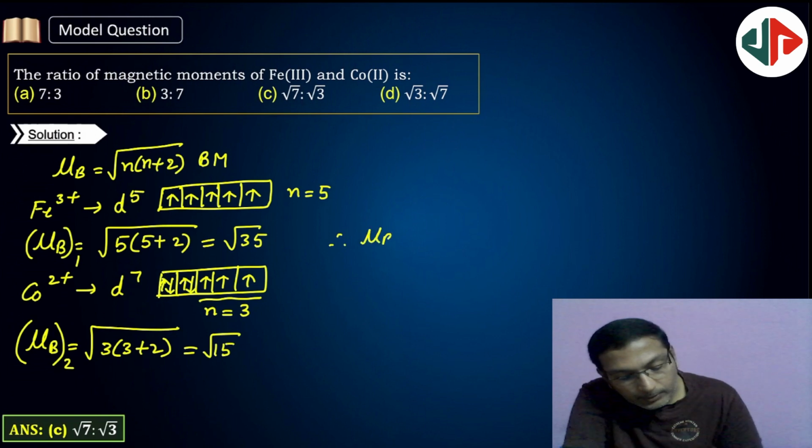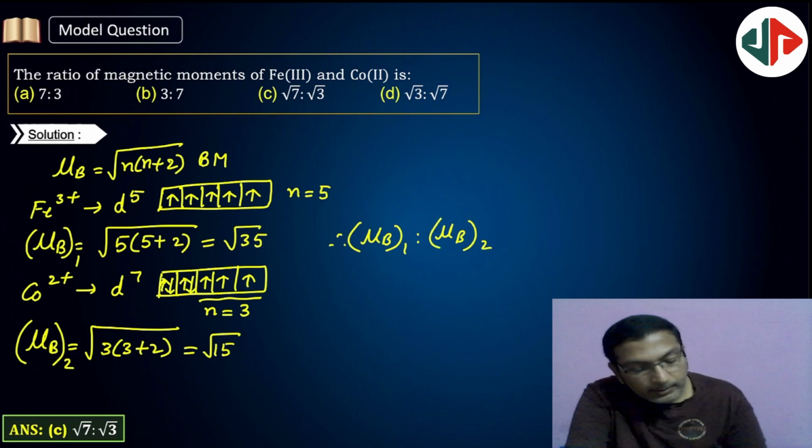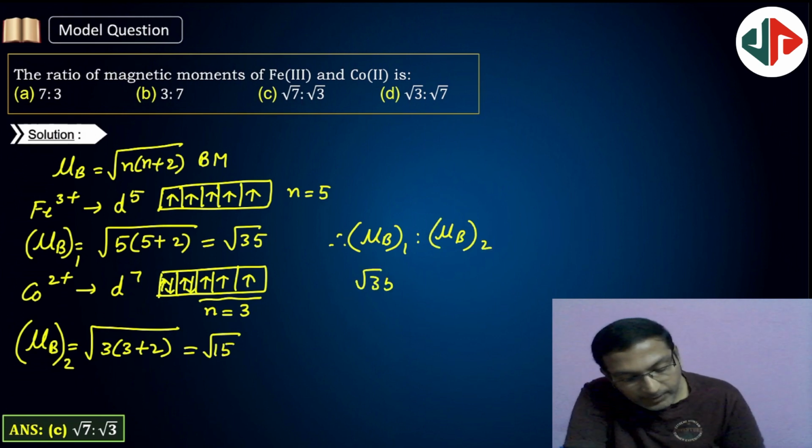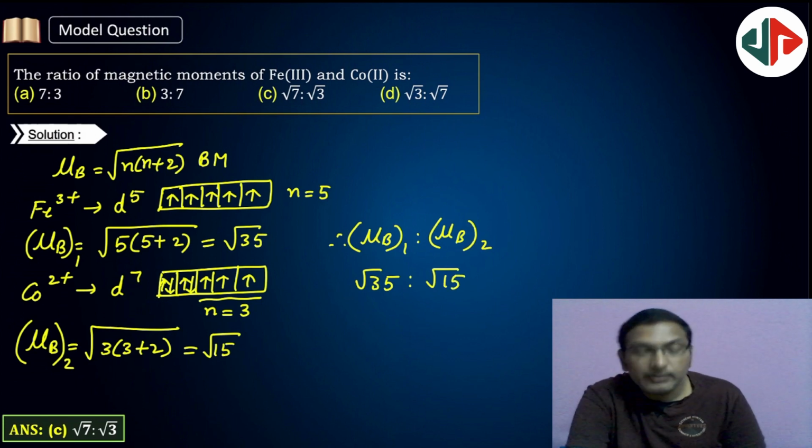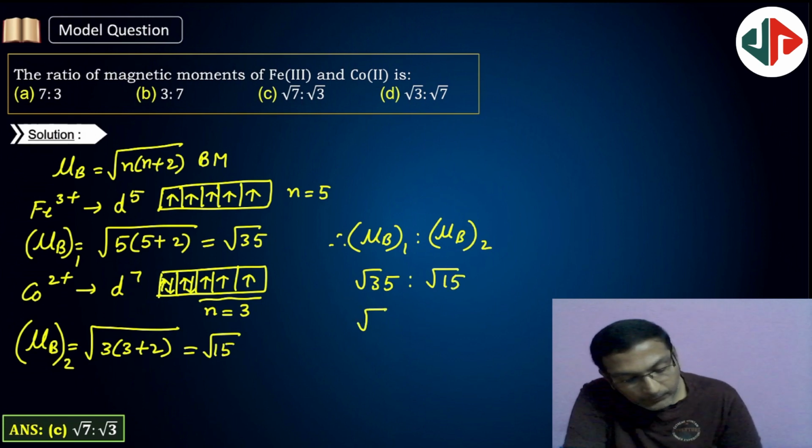Therefore, mu 1 is to mu 2, root 35 is to root 15. It is simply root 7 is to root 3.